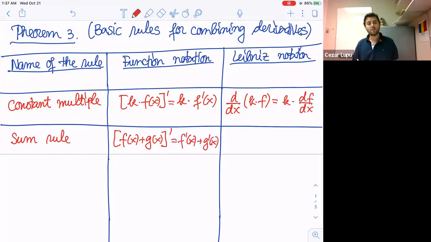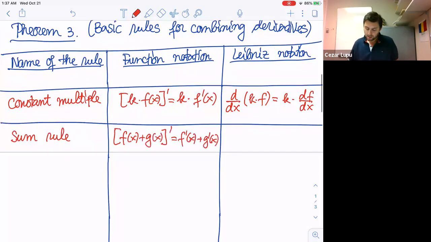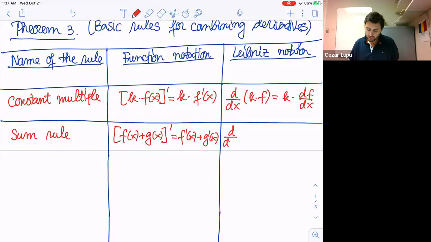In other words, the derivative of the sum is the sum of the derivatives. And in Leibniz notation, we have the derivative with respect to x of f plus g is the derivative of f with respect to x plus the derivative of g with respect to x.